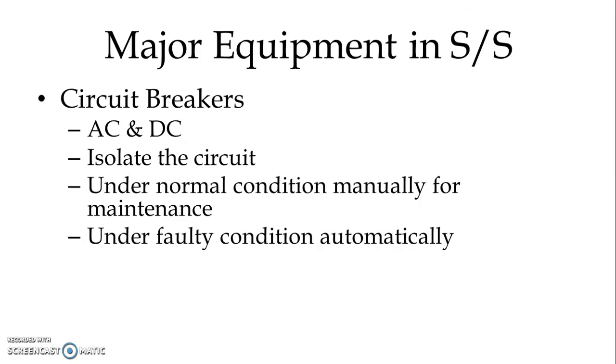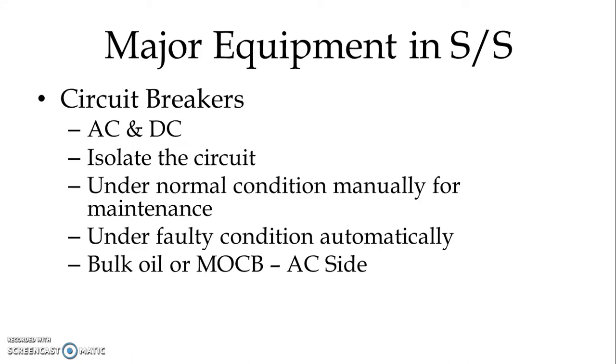Under faulty condition or short circuit condition, circuit breakers are automatically operated and it trips and isolates the circuit. We use a bulk oil or minimum oil type, that is MOCB, circuit breaker on the AC side, and high speed circuit breakers are required on the DC side.